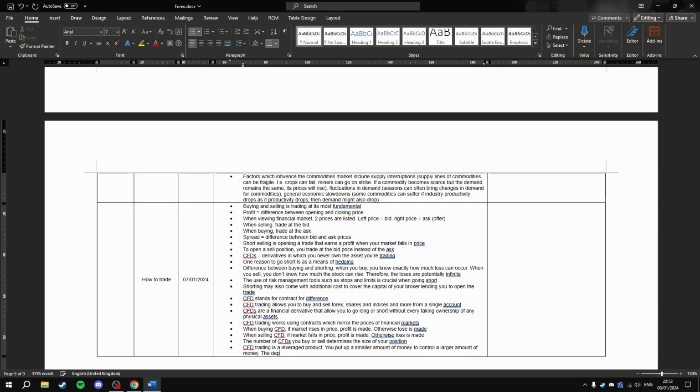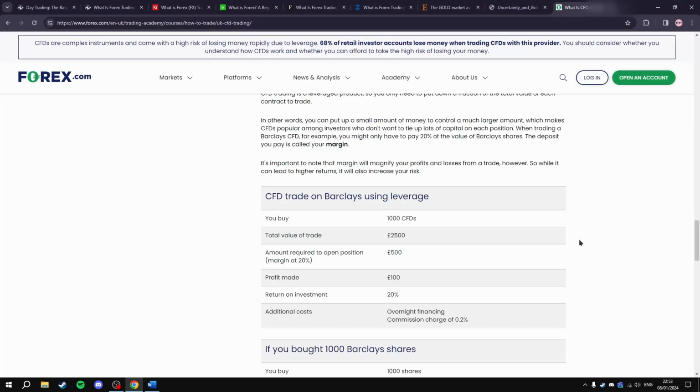The deposit is called margin. It's important to note that margin will magnify profits and losses from a trade, however, so while it can lead to high returns, it will also increase your risk.